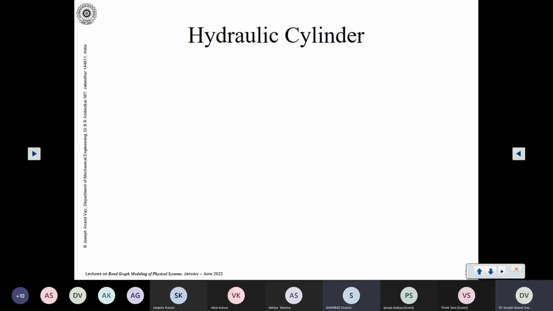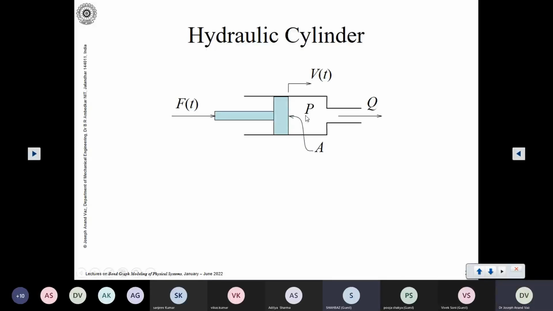We also have other examples of the transformer like the hydraulic cylinder, where we have two distinct energy domains. So you have the mechanical energy domain, that is force and velocity. These are the variables of power associated with the mechanical component.